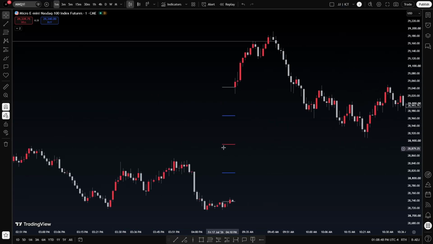So the equilibrium is what will primarily determine, how can I explain this? On the day that an opening range gap forms, the equilibrium of that day's opening range gap is what's primarily going to determine the direction of the day, or what price is going to do throughout the day.